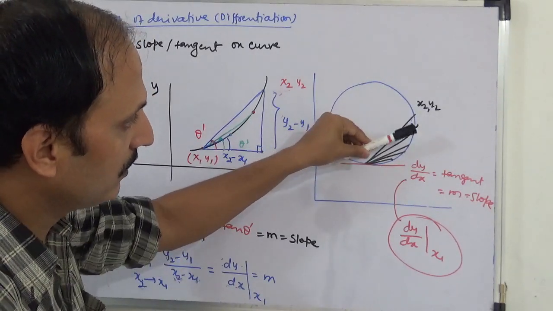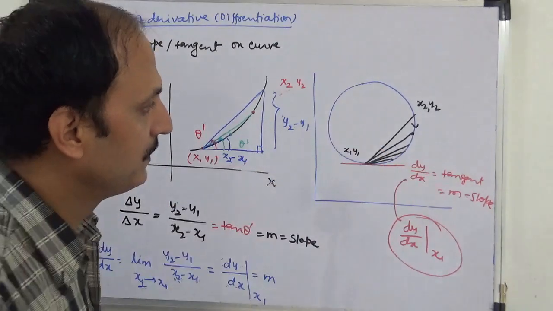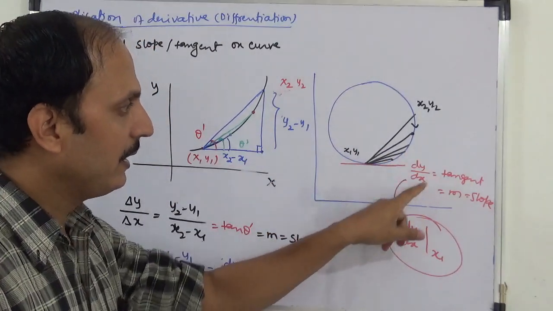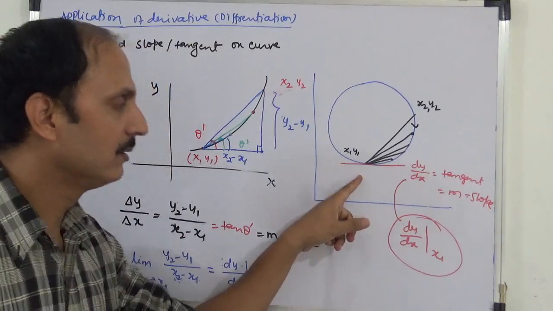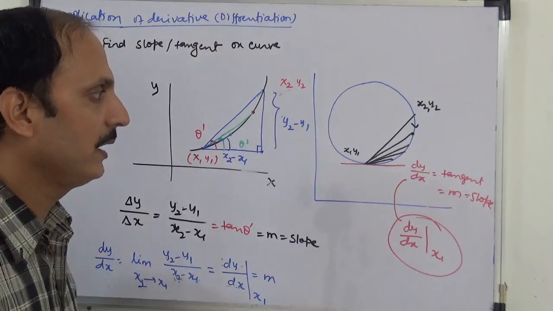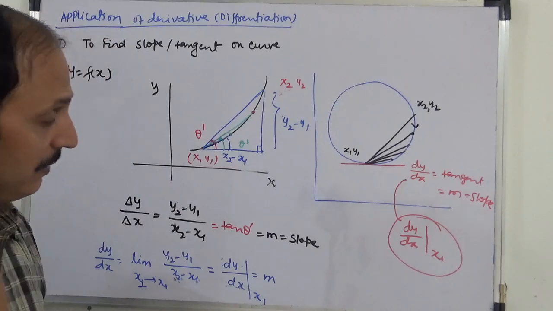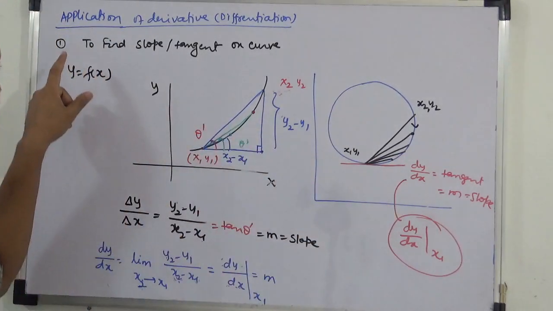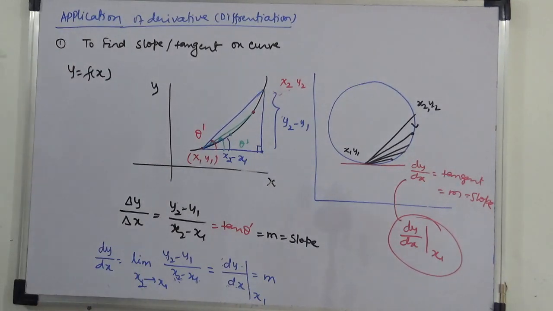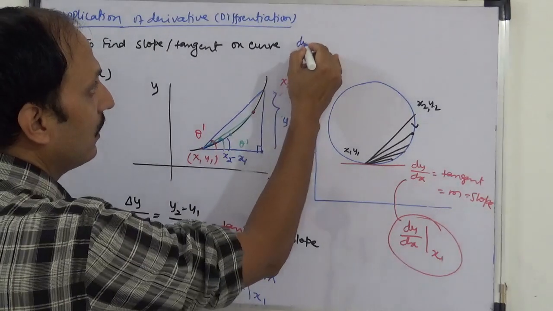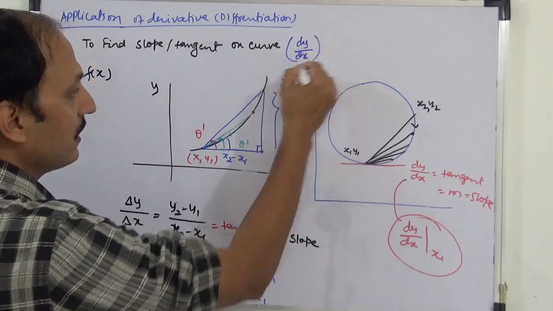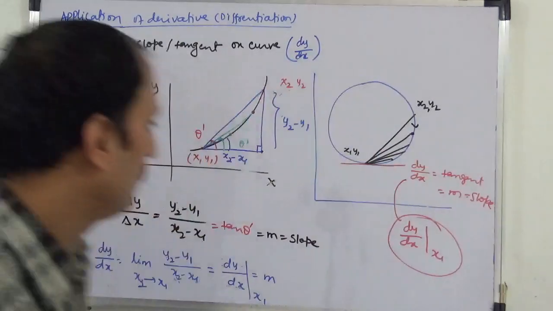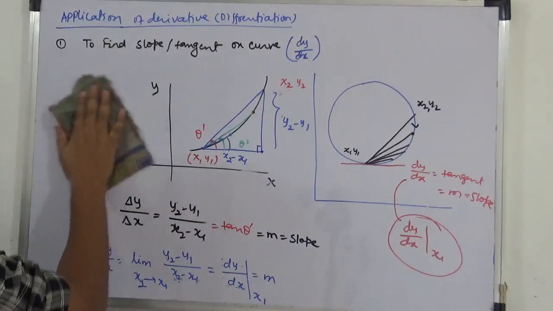So dy by dx becomes the tangent at a point x1. At which point you want to know, you can draw it. So the first application is to use dy by dx to find the tangent at a given point of the curve. This is the first very important application.